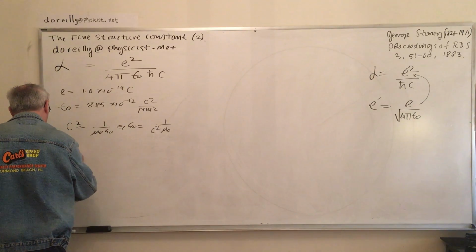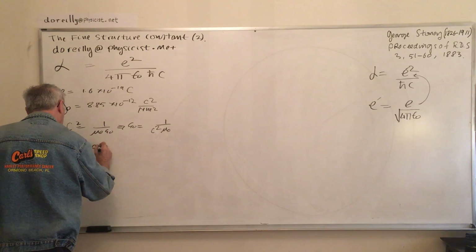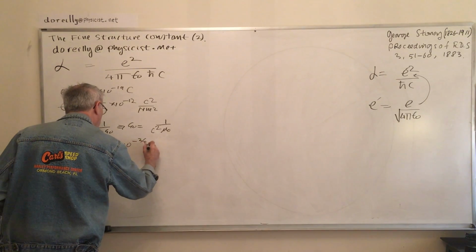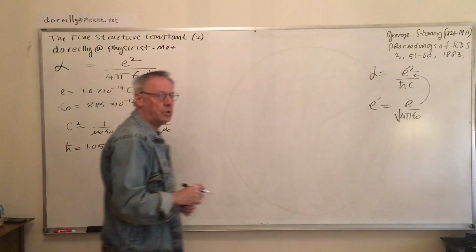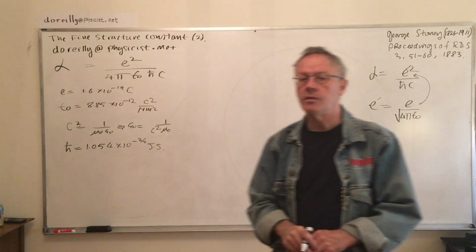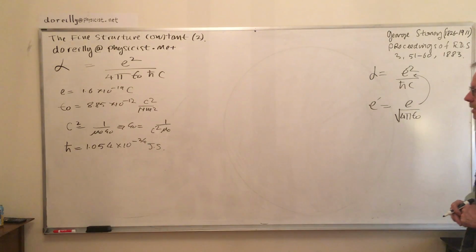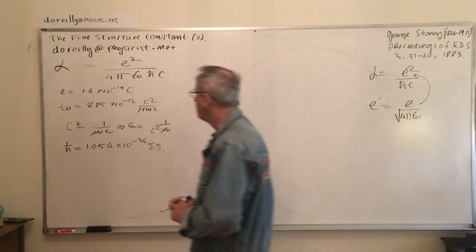Now, h cross is the reduced Planck's constant, h over 2 pi, 6.626 over 2 pi, 1.054 times 10 to the minus 34 joule seconds.